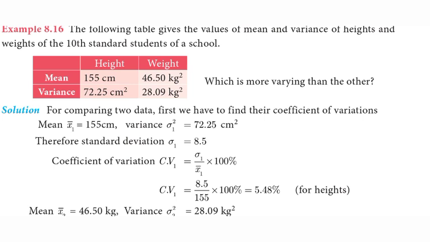Okay, can you understand? 72.25 is the variance; taking the square root, the standard deviation is 8.5.